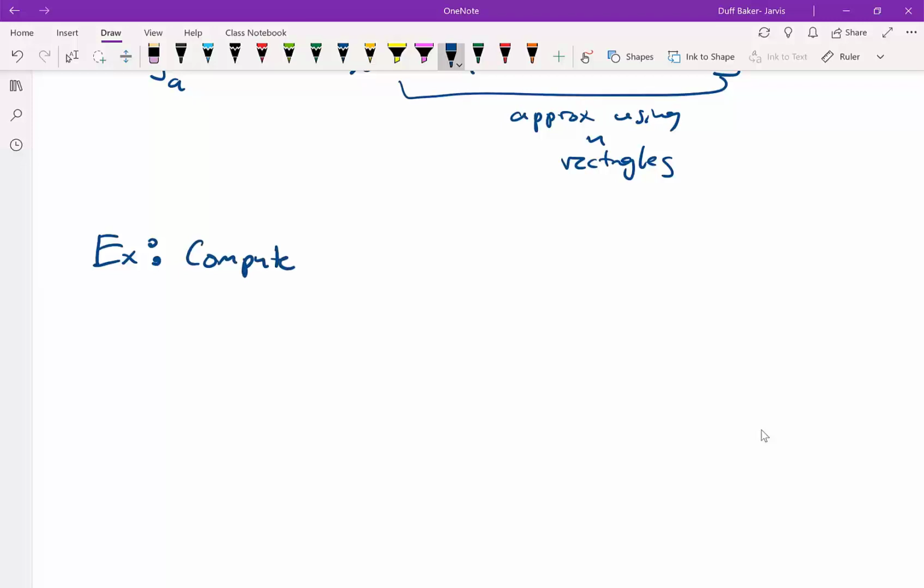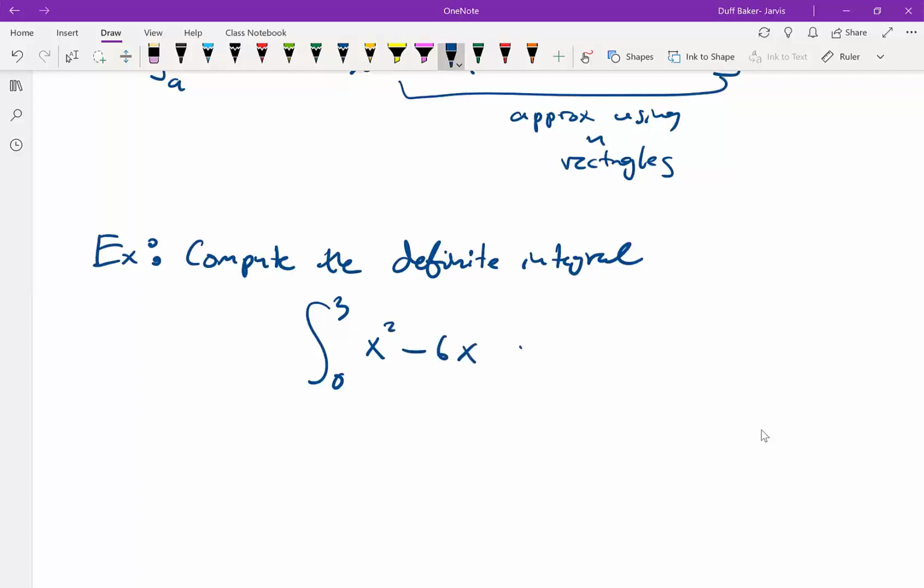So let's compute the definite integral from 0 to 3 of something like, we'll stick to x squared minus 6x.